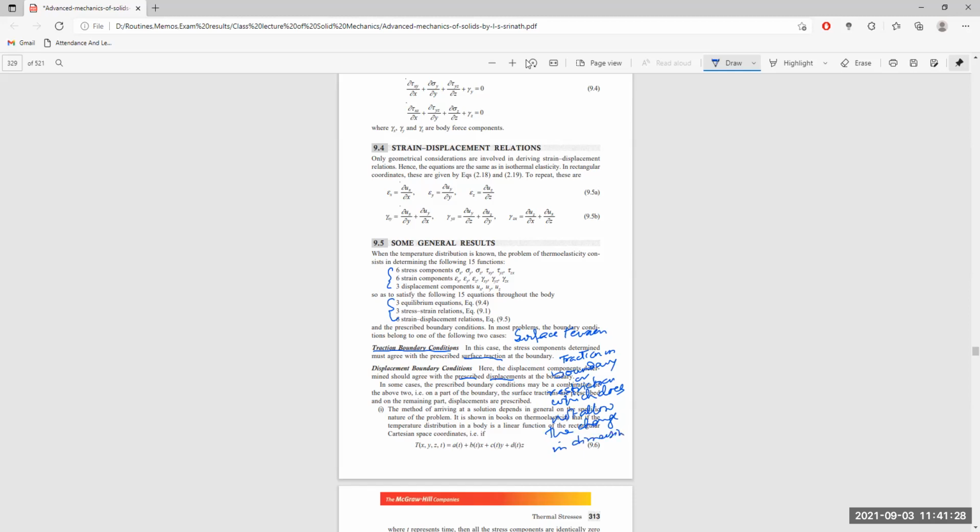Now, the remaining method of arriving at a solution depends on the nature of the problem itself.